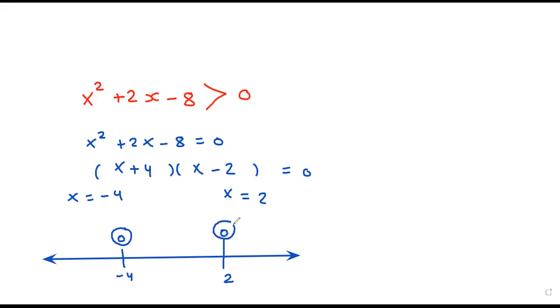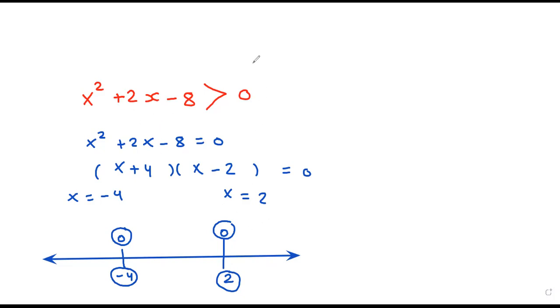So on the number line, just determine minus 4 and 2, and both of them give 0. And if you get confused, just take a value greater than 2 on the number line, because the number line is going 2, 3, 4, 5, 6 in this part. So take a value greater than 2 and substitute.